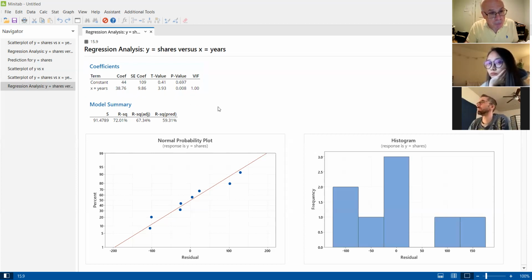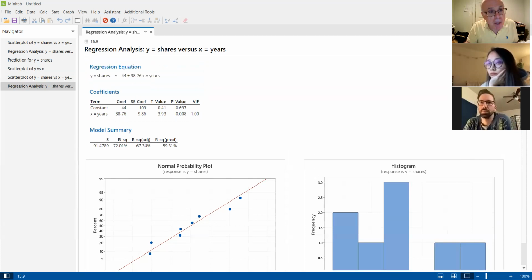Now, what the regression is showing, number one, let me scroll up a little bit. It's giving you an equation. But one of the things I realized when I was going through this problem is that they're doing a lot of rounding. This 44, and I don't know why they do this, to be honest with you, is rounded to the nearest whole number.